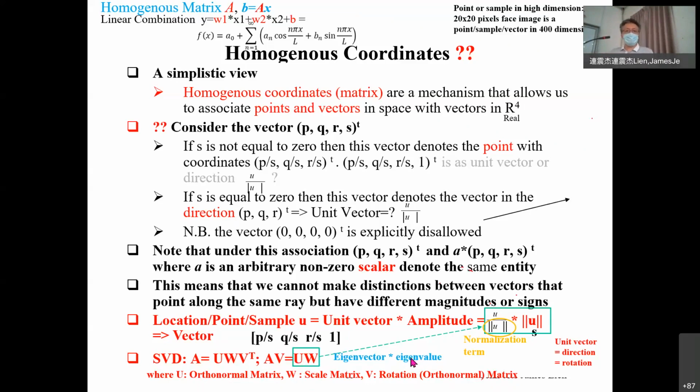So what's the meaning of the eigenvector? Eigenvector here is an orthonormal matrix. What's orthonormal?